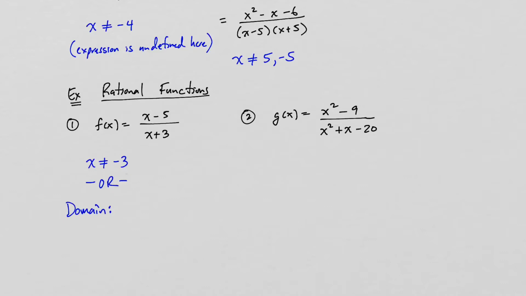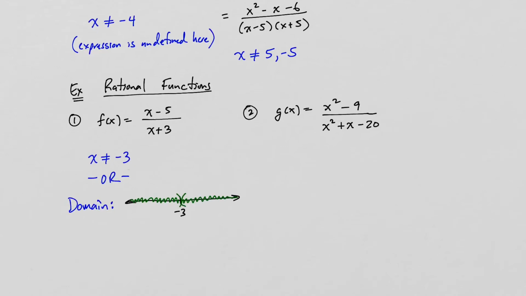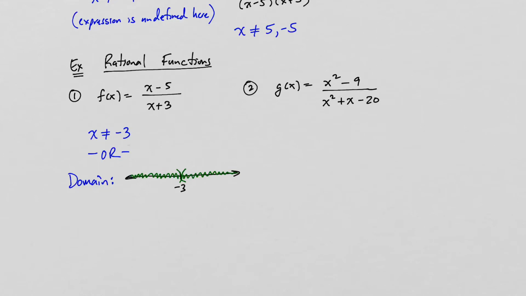So if you think about a number line with the number negative 3 on that number line, if x is not equal to negative 3, that means you can plug in any number to the left of negative 3, or you can plug in any number to the right of negative 3. And so if we state this as a domain of a function, we would say its domain is all the numbers from negative infinity up to negative 3, union all the numbers from negative 3 to positive infinity.